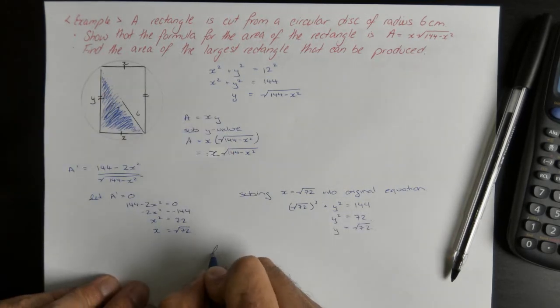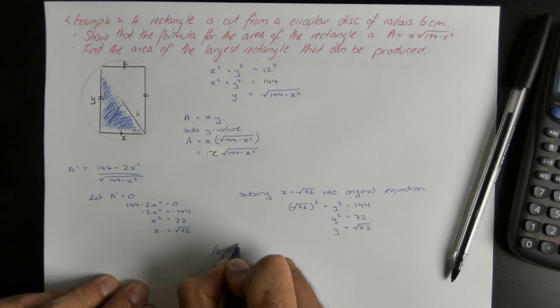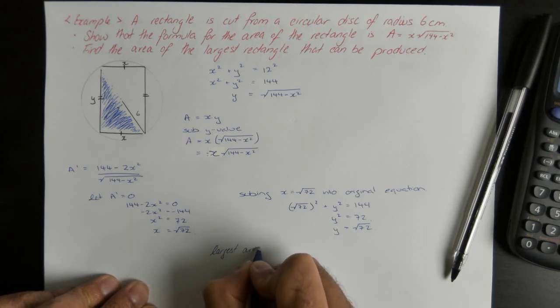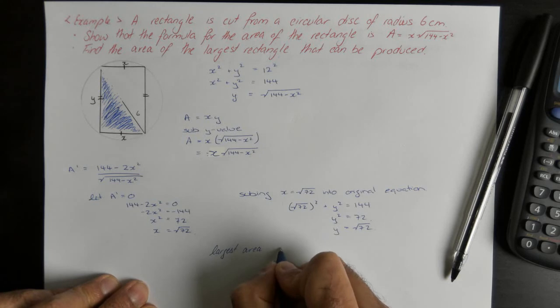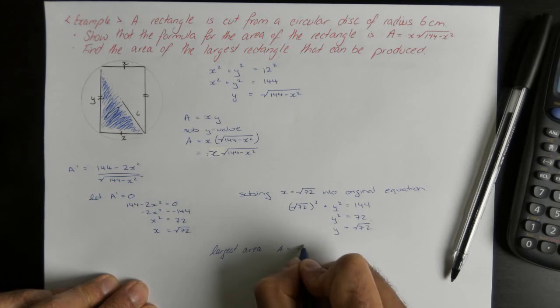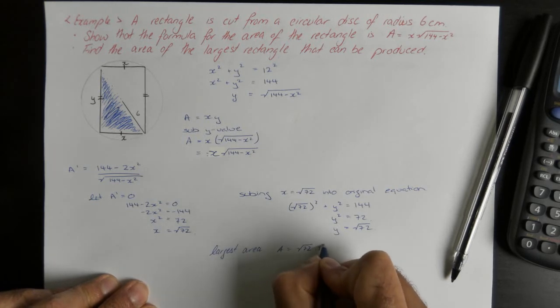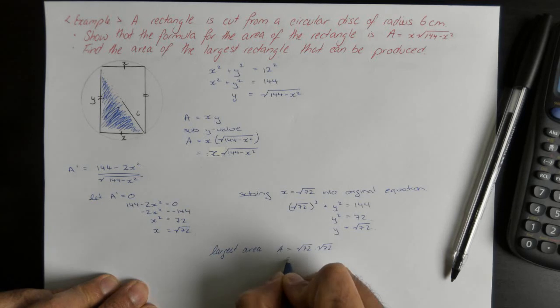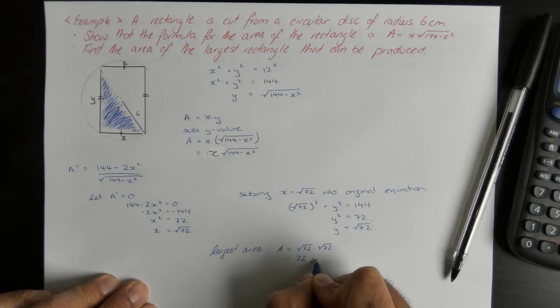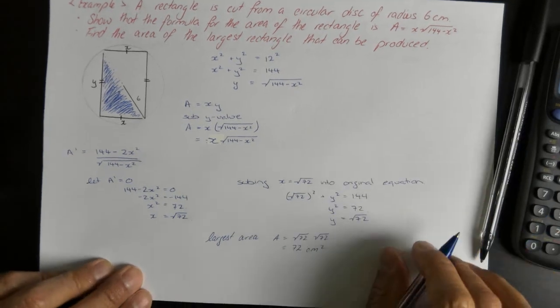So the largest area is 72 centimeters squared.